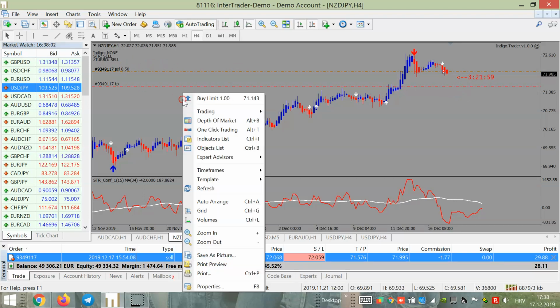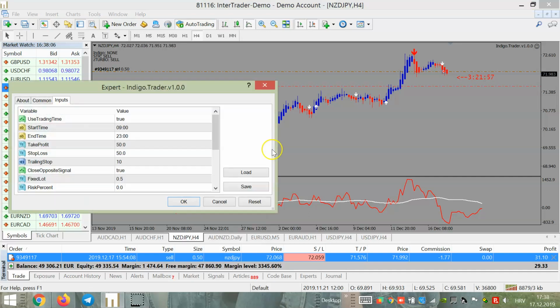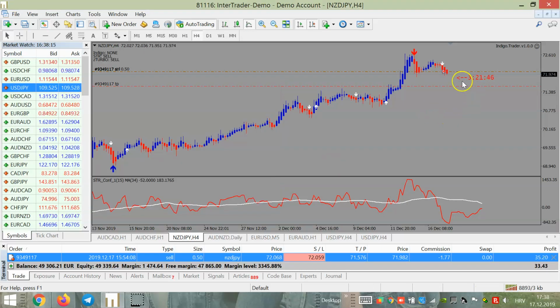So we have, I think, trailing stop somewhere here. Yes, trailing stop is 10. So at 10 points it's activated, and now we are very safe. If price goes in the other direction back, it will close at break even minimum.